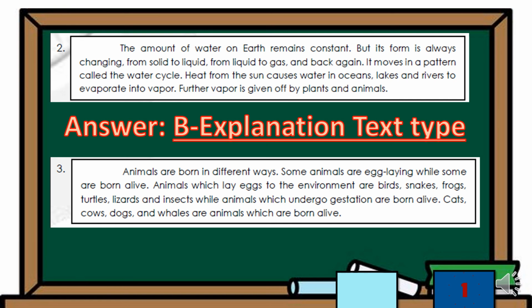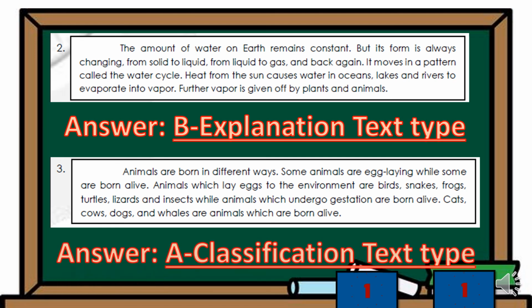Cats, cows, dogs, and whales are animals which are born alive. The answer is letter A, classification text type.